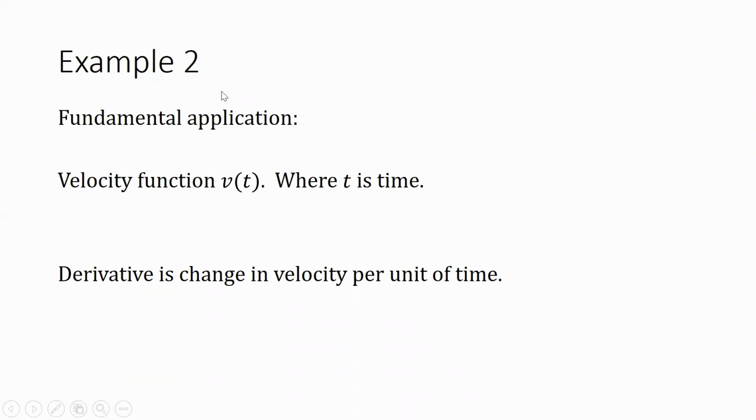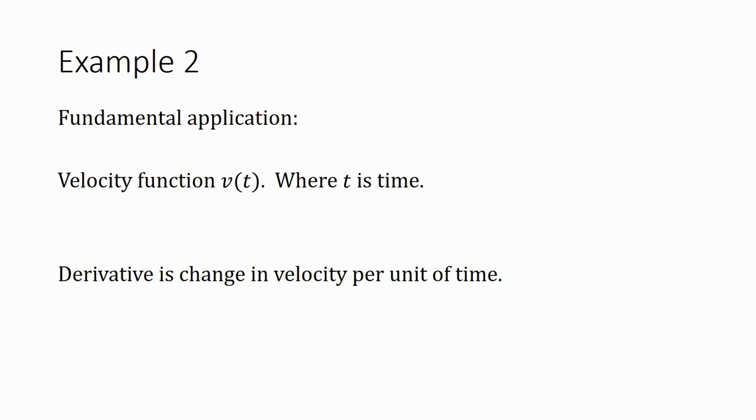Let's look at another example. In fact, this is another fundamental example. What if our function were the velocity function, where t is time? So we take the velocity function v of t, where t is time, and we want to take the derivative of a velocity.